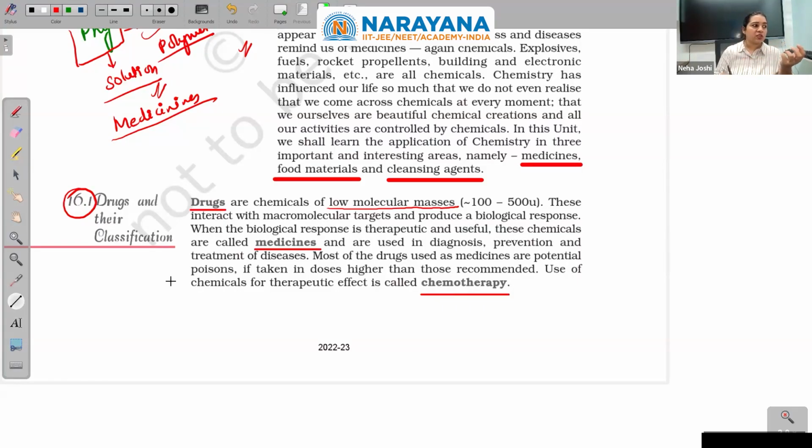They can even be fatal, they can even take your life, that is a possibility. Most of the drugs are usually medicine, but can be fatal. If they are used for therapy, then the process is called chemotherapy.